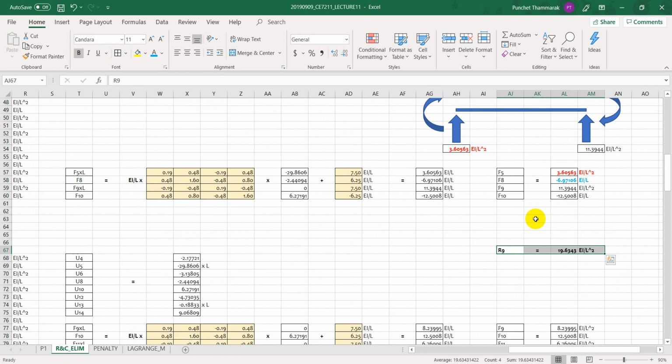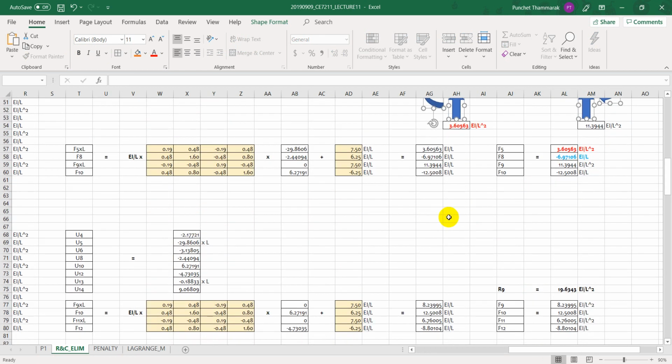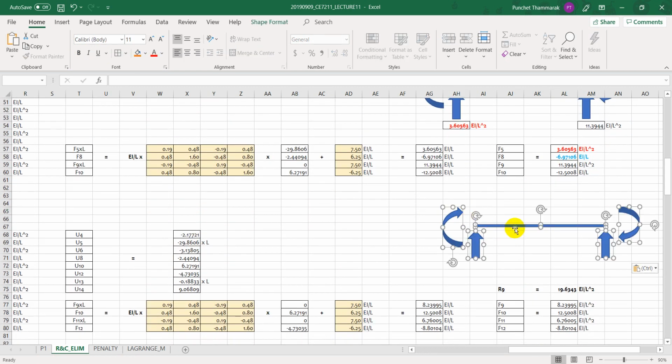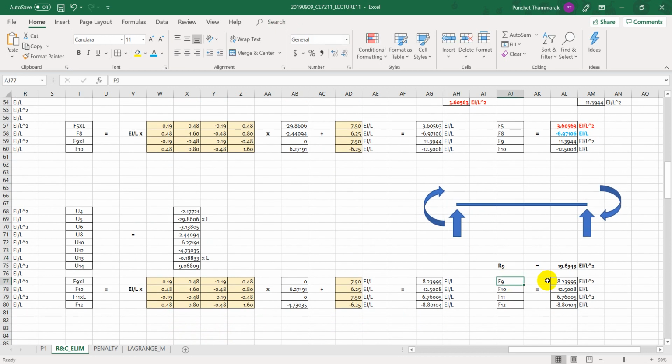So we need the diagram here. Let me put things in. This one, 12, it has to be this one.